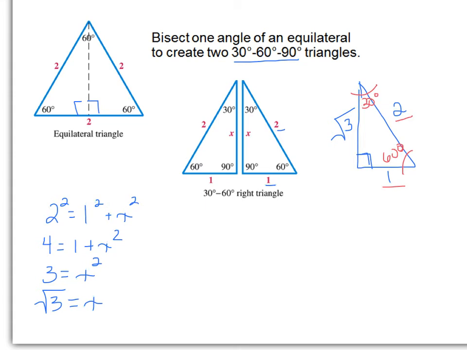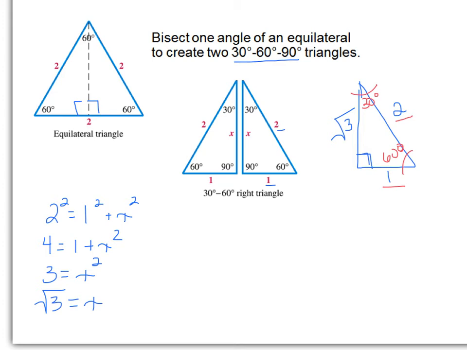Once we have done this, we can assign trig function values to 30-degree and 60-degree angles. So the sine of 30 is opposite over hypotenuse, so that's a half. Cosine, tangent, that would be square root of 3 over 3.